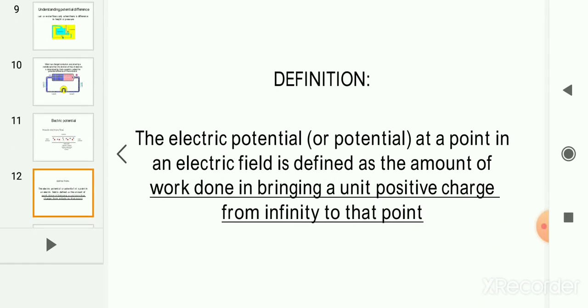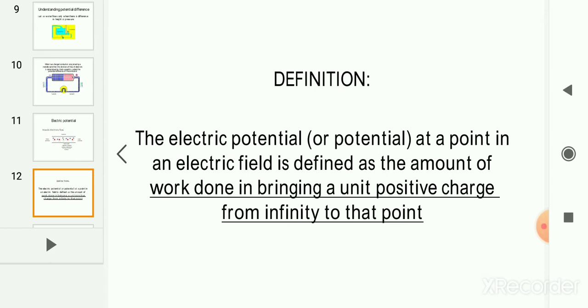So what is the definition of electric potential? Electric potential at a point in an electric field is defined as the amount of work done in bringing a unit positive charge from infinity to that point.